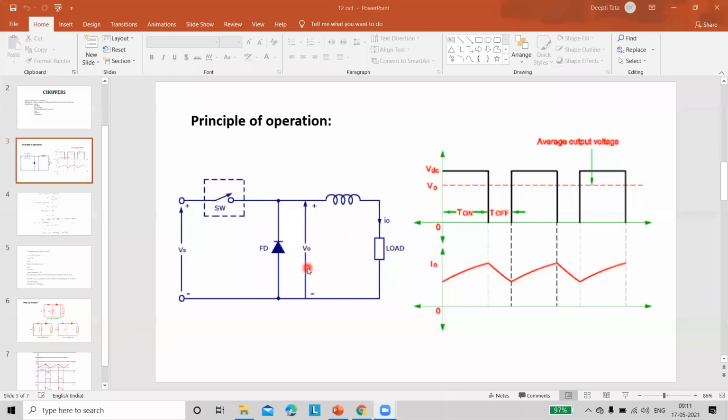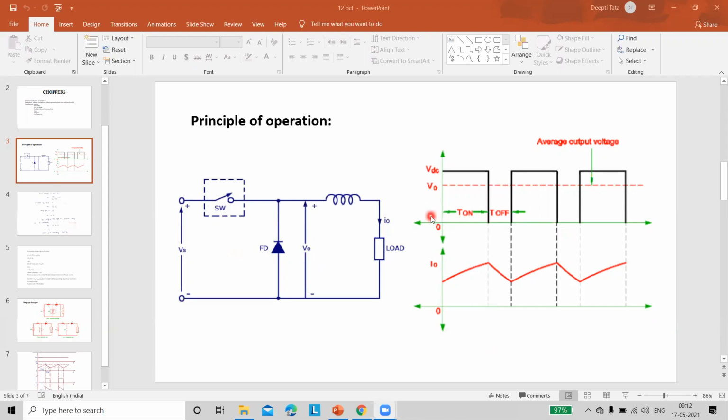So simply from the circuit, the basic two statements are: whenever the chopper is on, you are getting some output parameters, either voltage or current. Whenever our chopper is in the off condition, there is no possibility of getting any voltage or current. So just observe the waveforms here.